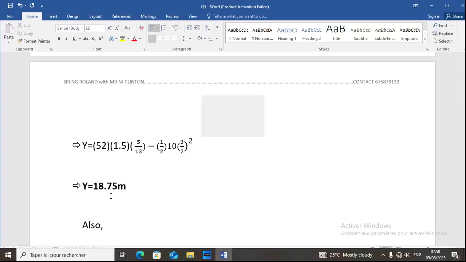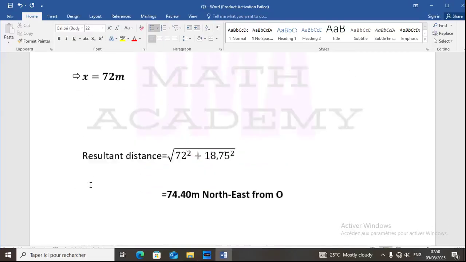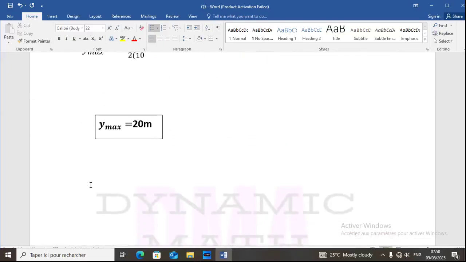Actually it makes sense, because this is the distance traveled by the particle when t equals 1.5 seconds. That means it travels 18.75 meters when t equals 1.5 seconds. Now the maximum height was found to be 20 meters. That is above the other one. It's okay.